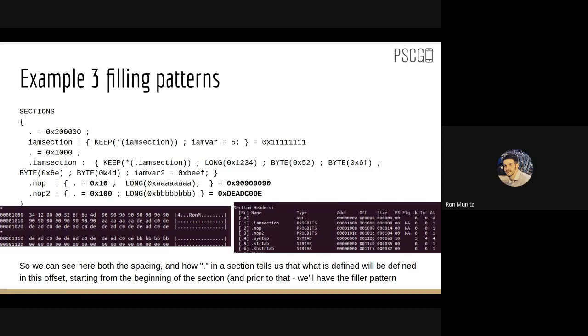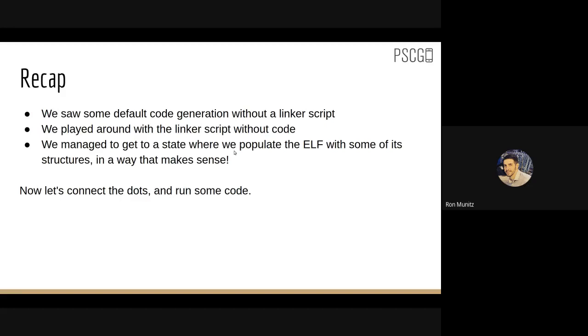The thing is that depending on how I define the sections and how I define the alignment instructions, I can have all kinds of gaps, and I can decide what code to fill the gaps with. All right. So this is another section.